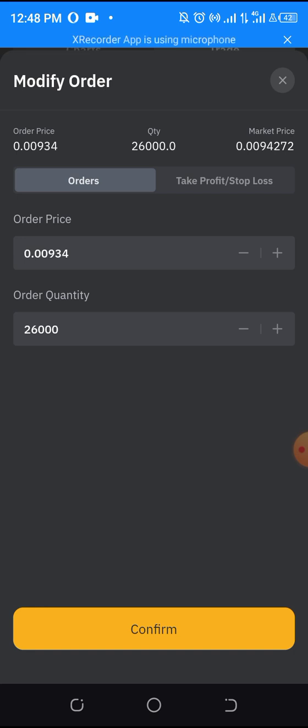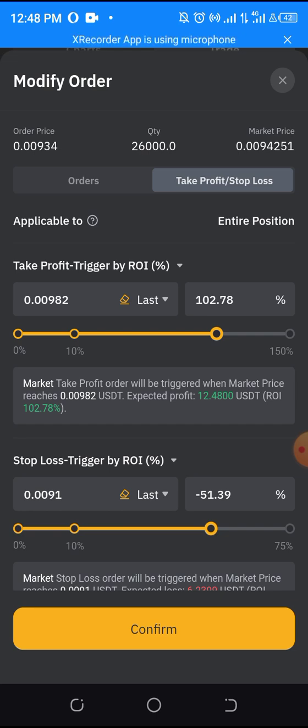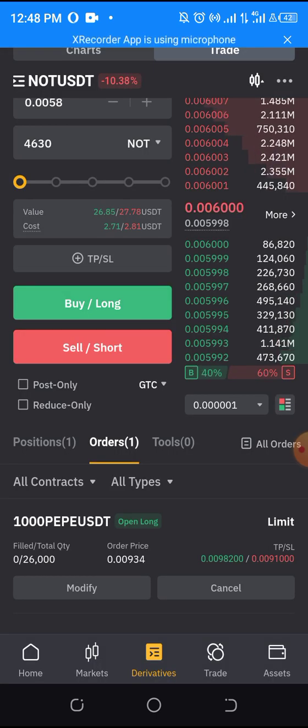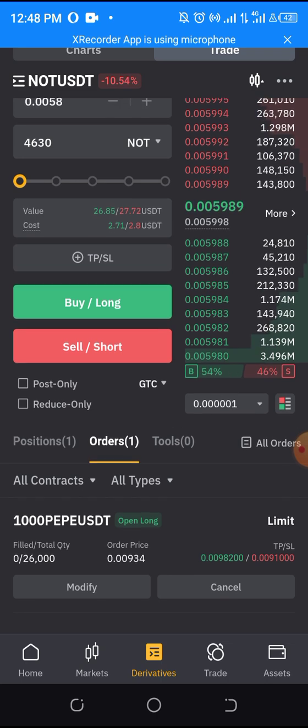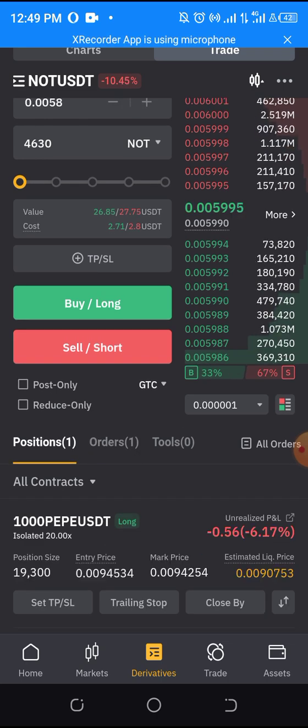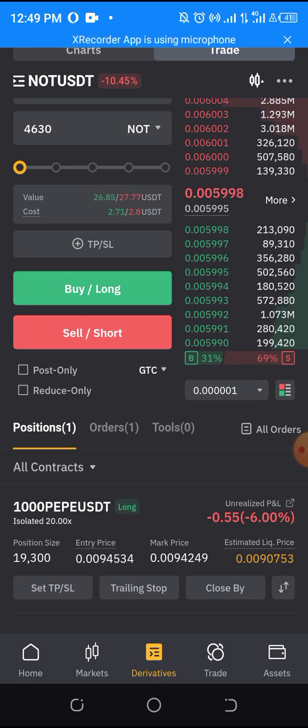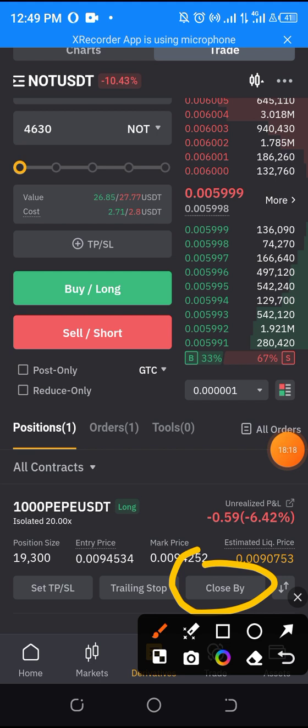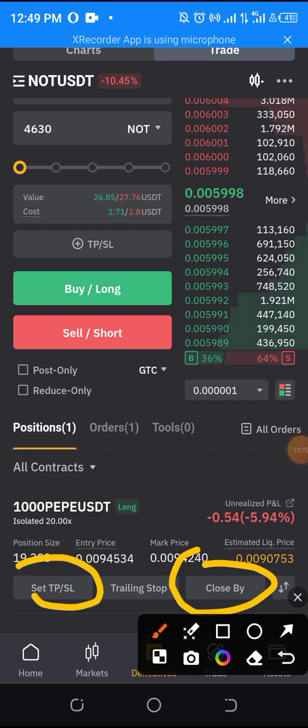Click on modify, and then you edit the prices here by clicking on take profit, stop loss, and all of that. So let's go back, and you can choose to cancel your running position by clicking on close by, or adjust your TP and SL, or just set your trailing stop.